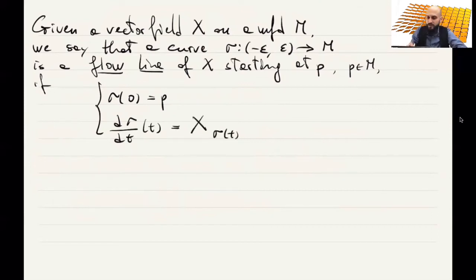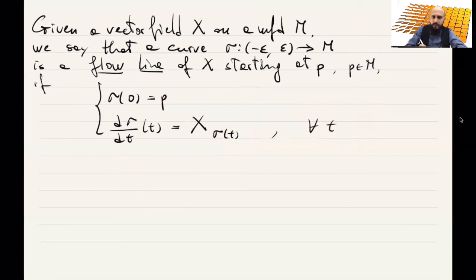The lower index is the point where this vector field should be calculated. So now this becomes a vector at the point sigma(t), an element of T_sigma(t)M. We require this to be true for all t in the domain of definition.